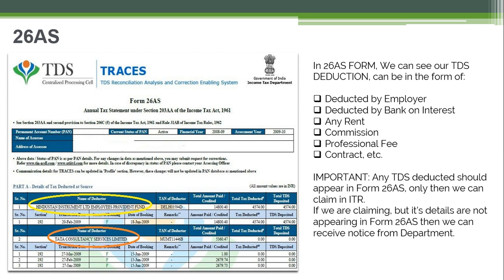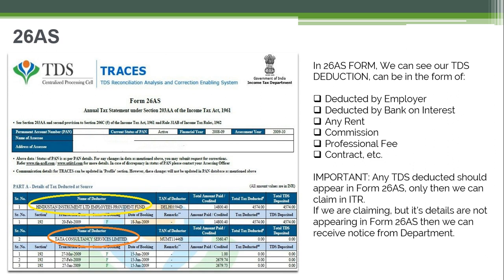Now the important thing here in 26AS is that any TDS deducted should appear in form 26AS. This is very necessary, or you can say mandatory, that if you have any TDS deducted by your employer or bank on interest, rent, commission, professional fee, or contract, then it should appear in form 26AS. Only then can we claim it in the ITR.